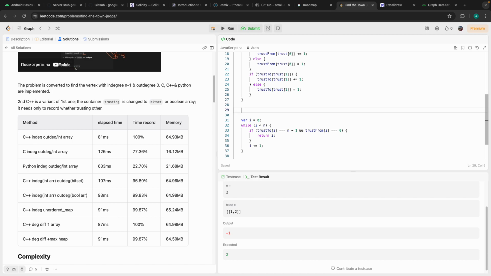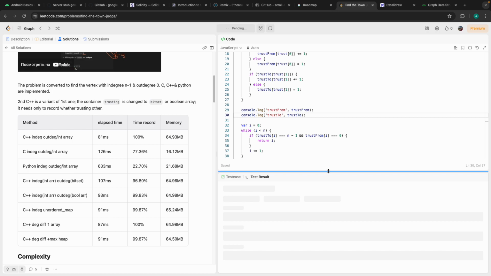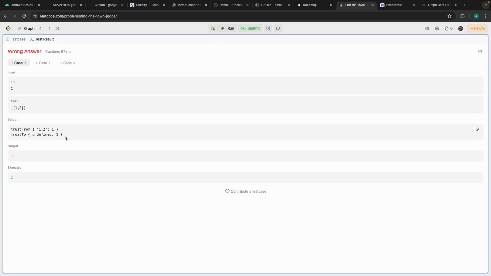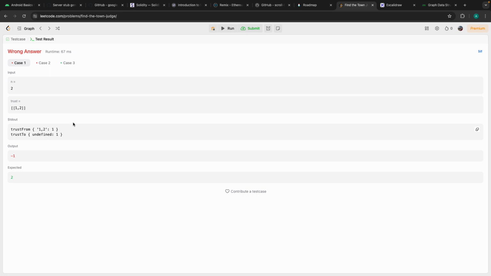What's wrong with my maps, hash maps? What is wrong? What is wrong? Aha. Trust2 undefined.